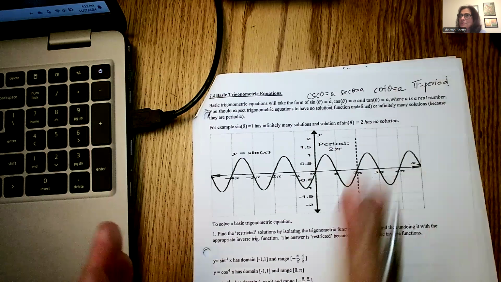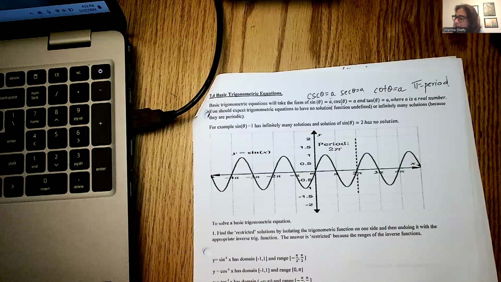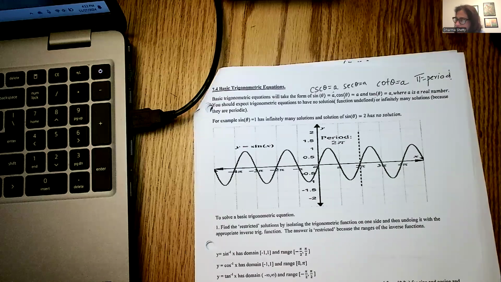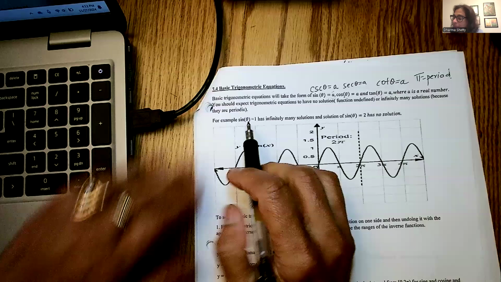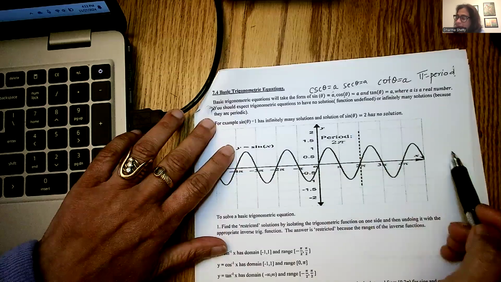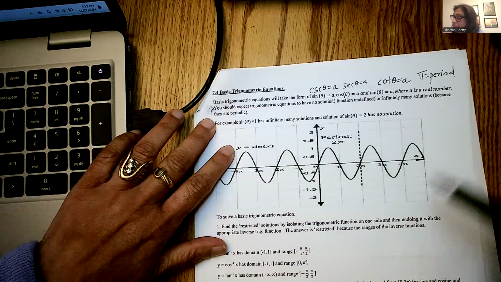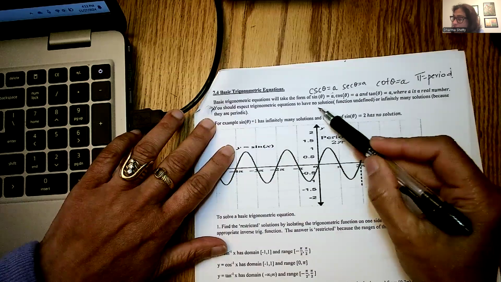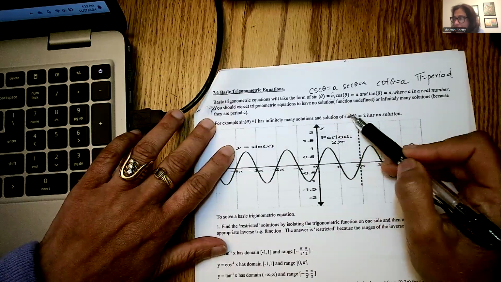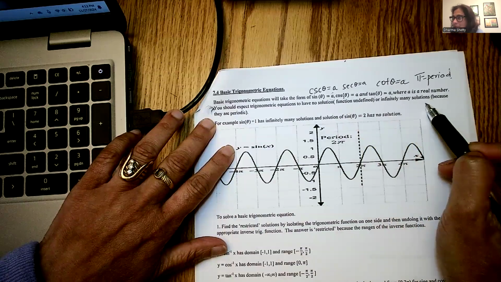There is an asymptote in the case of both tangent and cotangent. And so the asymptote again repeats every pi period. Okay. So since it is periodic, you should expect trig equations to have no solution, that is, the function is undefined, or to have infinitely many solutions.